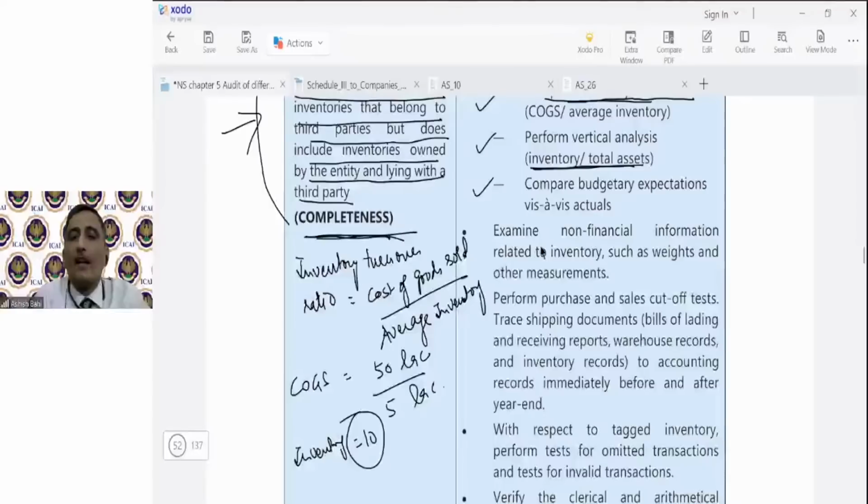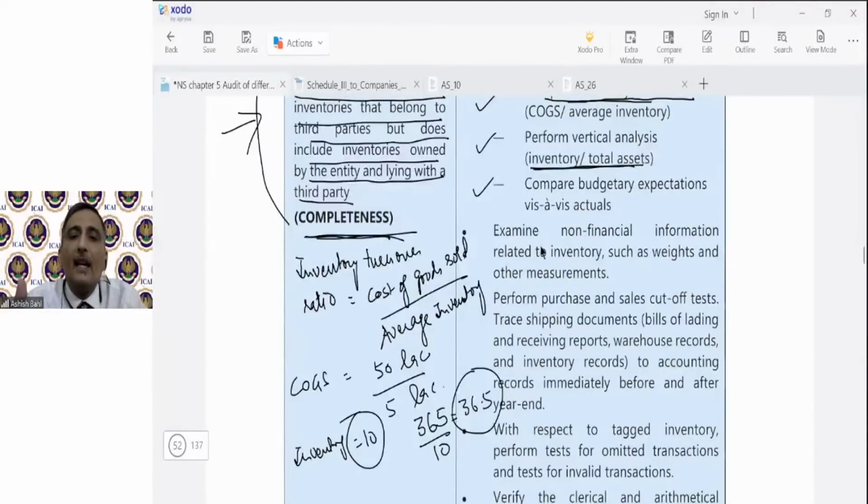So what does this denote, students? If I divide the number of days in a year by this ratio, it comes to 36.5. It means that inventory is being rotated after every 36 days.